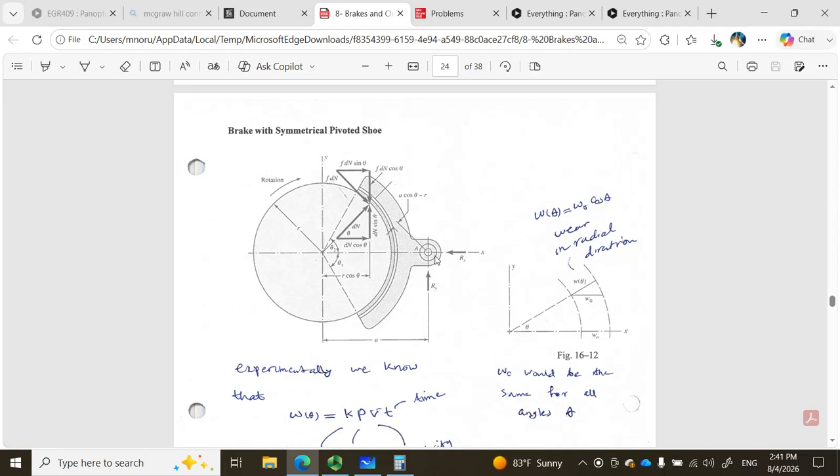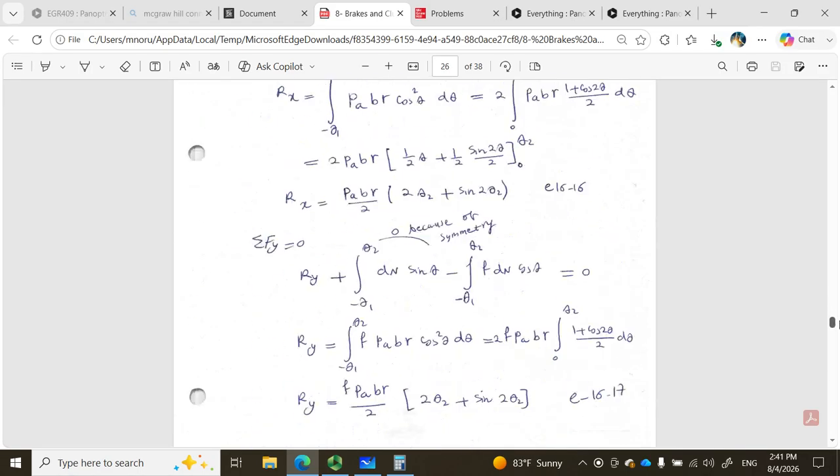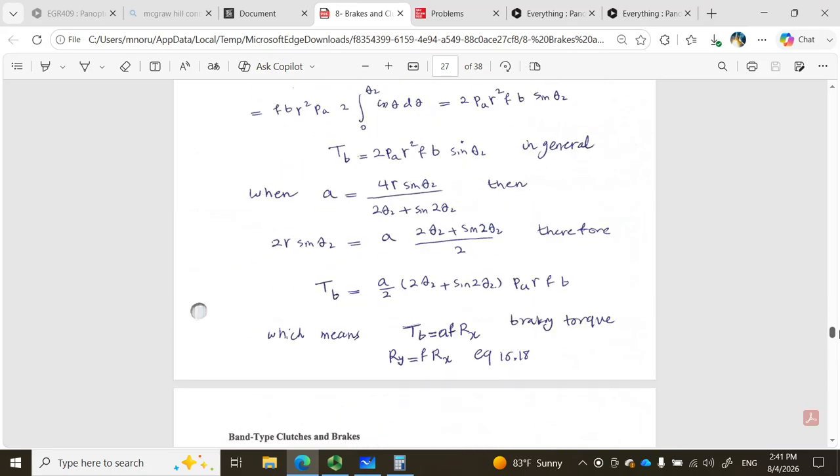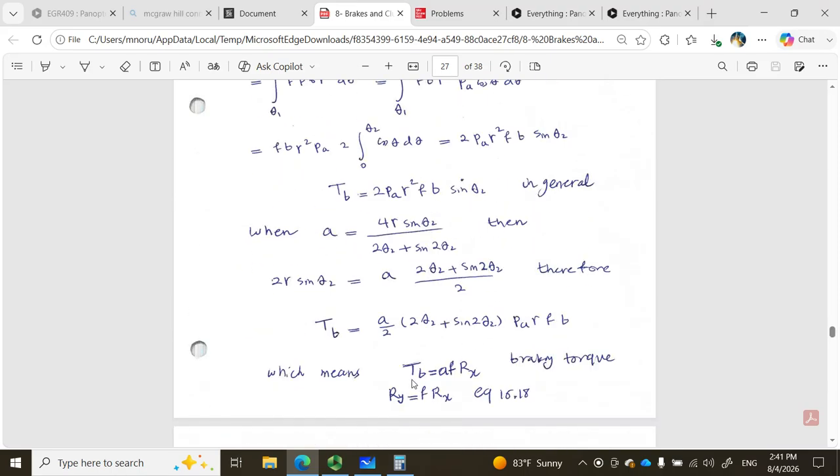If I have my A picked in a way that there is no frictional moment on the arm, then the actuating forces Rx and Ry are related to torque like this. Braking torque on the drum is A F Rx, and Ry is related to Rx as F times Rx. So we're going to need these later. Okay, so let's look at the problem now.